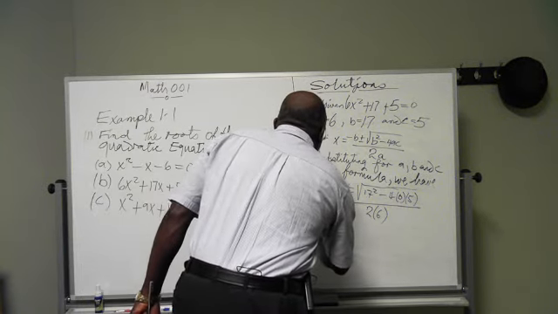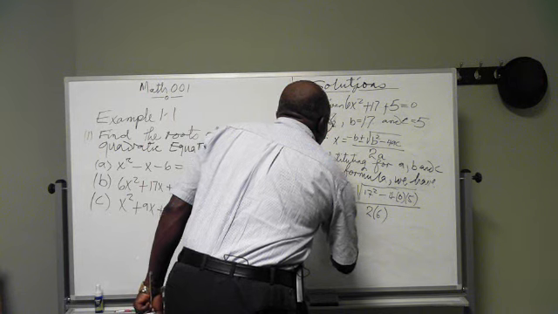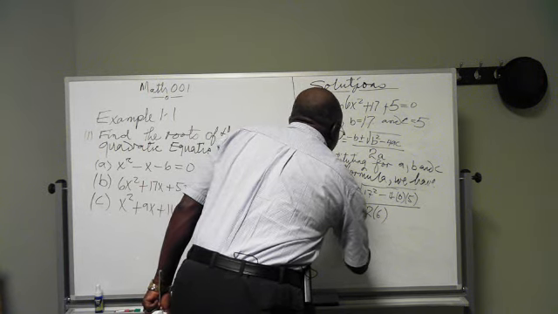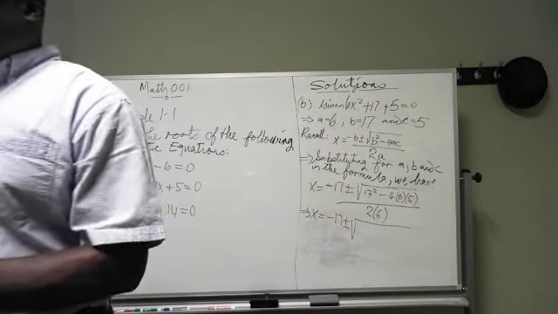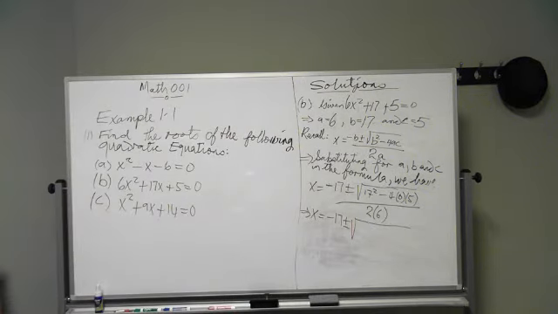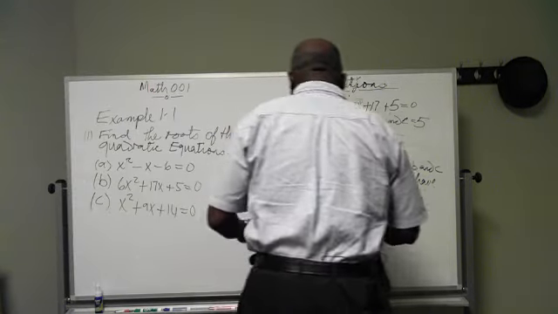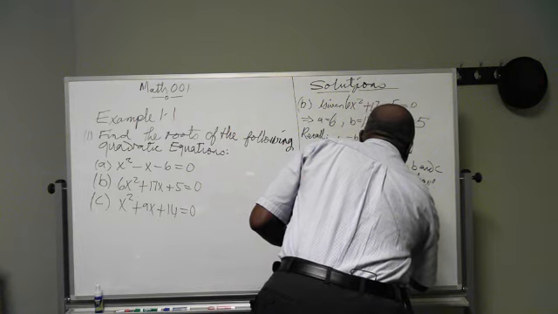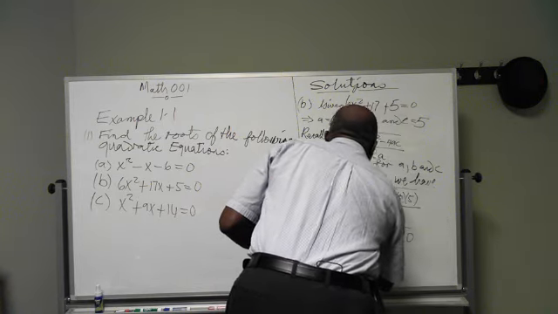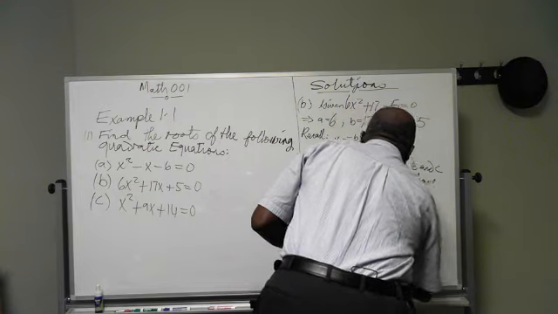Which implies x equals minus 17 plus or minus the square root of 17 squared, which is 289 minus 120, all over 12.